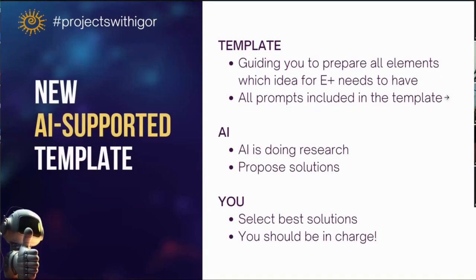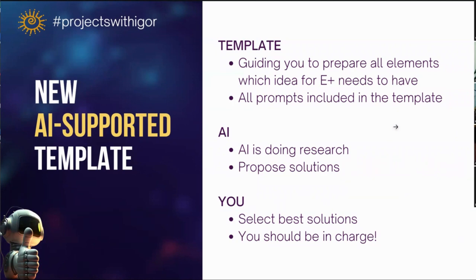Okay, so I created a new artificial intelligence supporting template, which will actually guide you to prepare all elements of the Erasmus Plus project idea, and all the prompts are already included in the template. So you don't need to invent the prompts anymore.